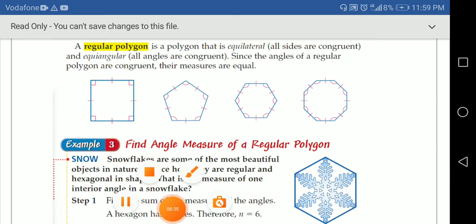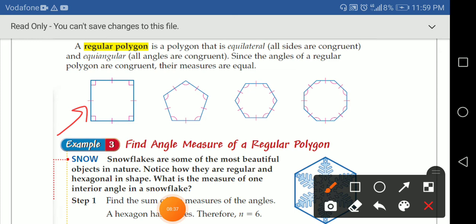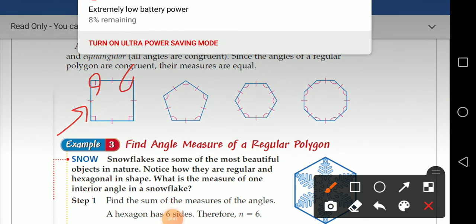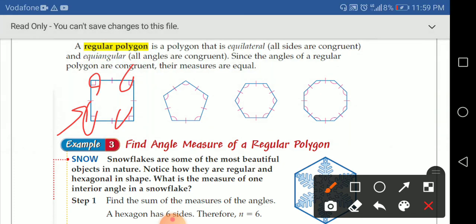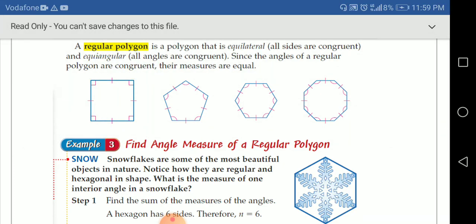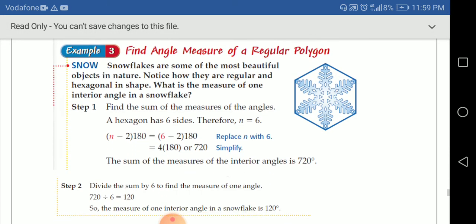Remember this well. If in any polygon the sides are congruent, then I know that all angles are congruent. Okay guys, this is very important because he can ask me for the exterior angles by saying this figure is congruent.